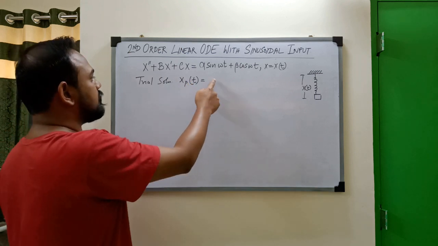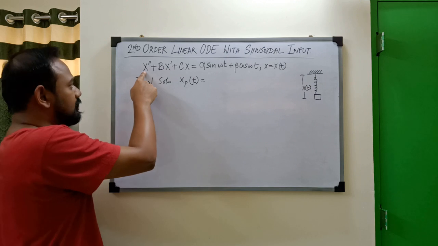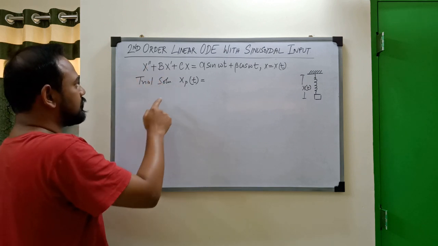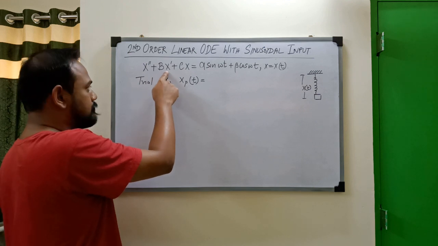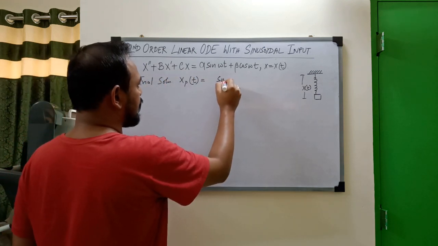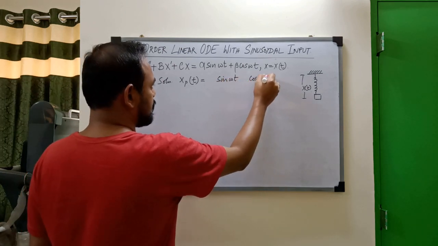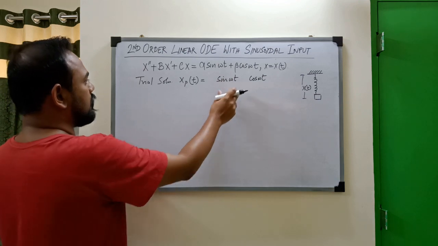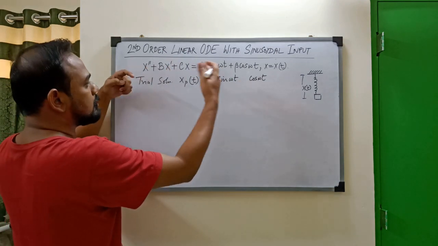Sine turns into a minus sine after a double differentiation. Sine turns into a cosine after one differentiation. So if you have something in terms of sine omega t and cosine omega t, after all of this calculation it should remain in terms of sine and cosine.